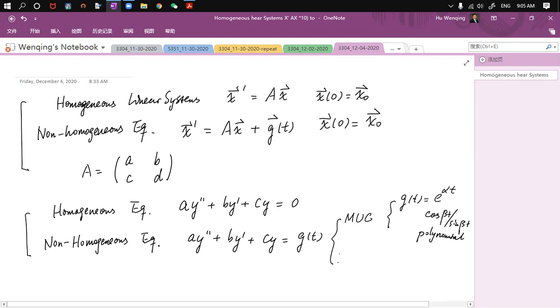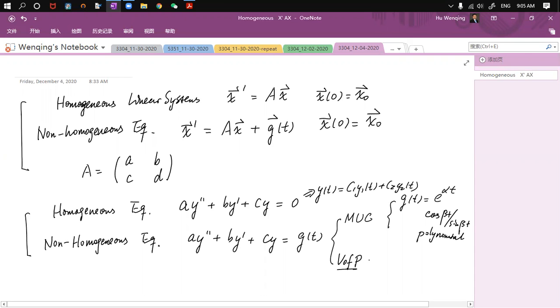The other method is called the variation of parameters. Variation of parameters simply says that you first solve the homogeneous equation. The solution to the homogeneous equation is c1 y1 of t plus c2 y2 of t, where there are two fundamental solutions.